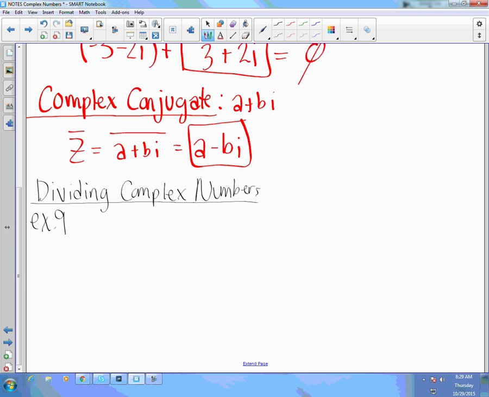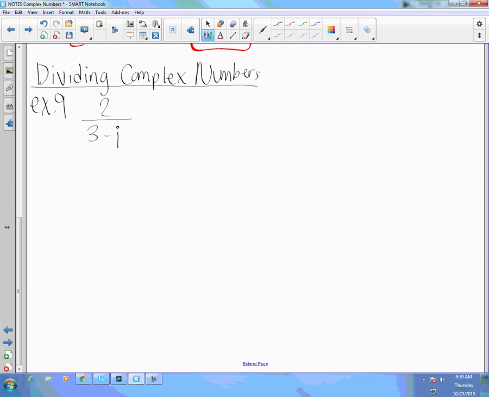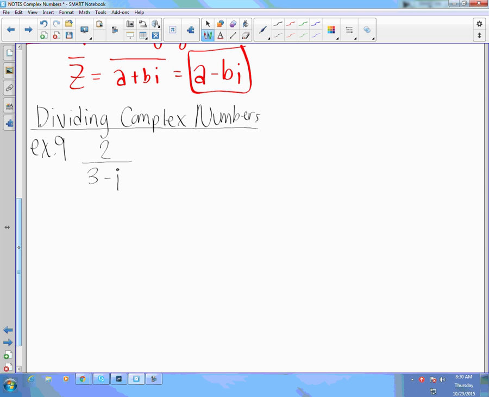Example 9. Okay, 2 over 3 minus i. Mathematicians are really picky about how they like the answers to look. We like answers in standard form, right?